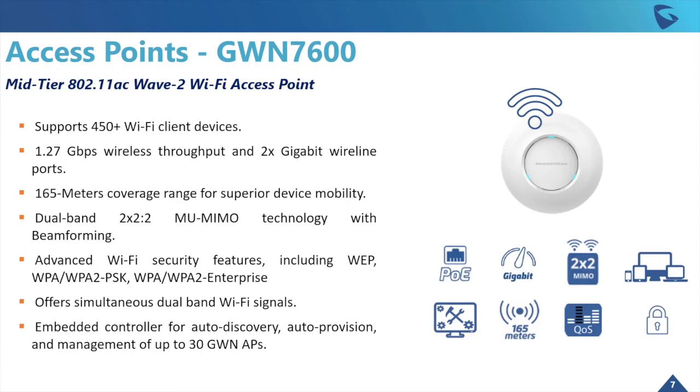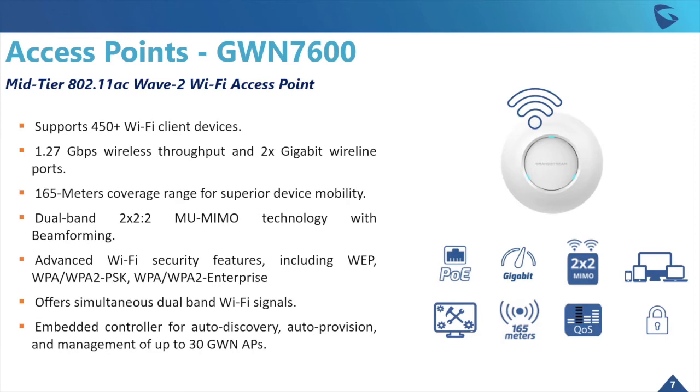MIMO stands for multiple input, multiple output, and it increases the transmission capacity of the access point by using multiple antennas to transmit data signals to multiple clients over the same channel. There are 2 types of MIMO technology: single-user MIMO and multi-user MIMO.